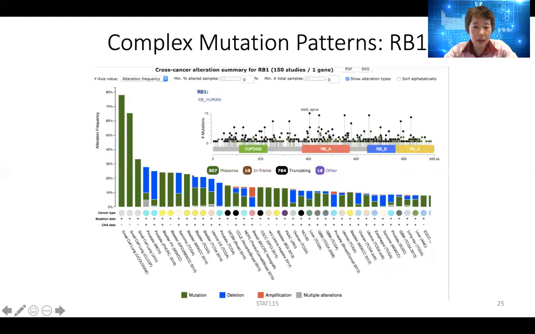So this one is kind of more complex. If you look at this mutation, it's kind of all over the place. And you also see a lot of these missense mutations. Green is missense mutation. Missense mutation means that it's an amino acid change. There are also many truncating mutations from the beginning to the end. Truncating mutations means that you're going to lose this gene.